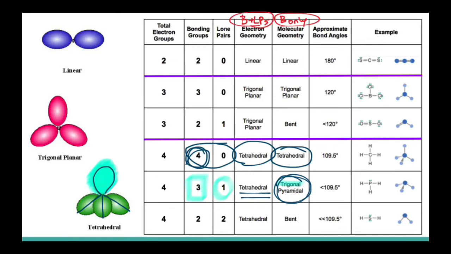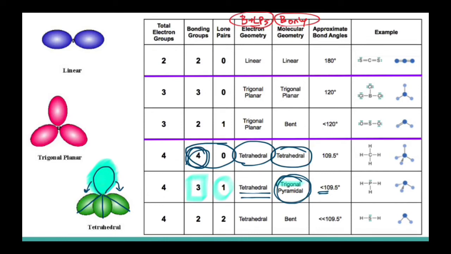Notice in the bond angle, this is probably going to be slightly less than 109.5 because of the downward pushing of that lone pair on the other ones is slightly greater than the push of the electrons in a normal bond. But for our purposes, we just want you to recognize that this is still having a tetrahedral electron geometry, so that bond angle would still be about the same as our tetrahedral molecular geometry would be.